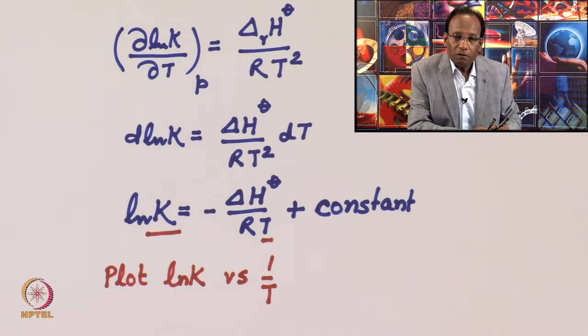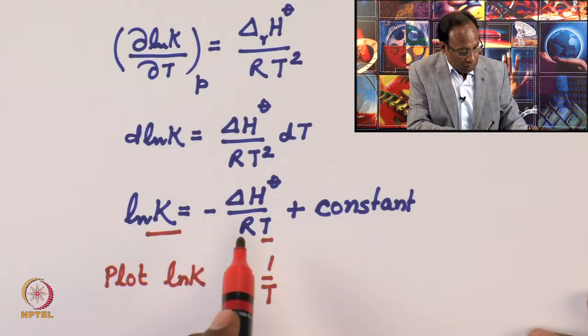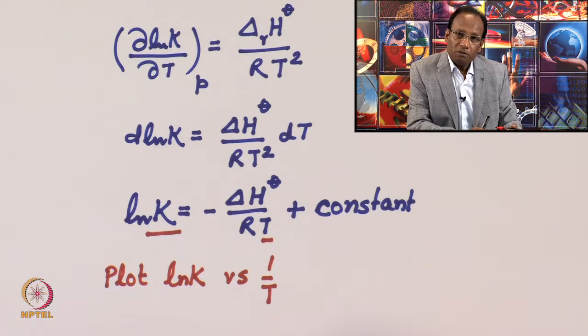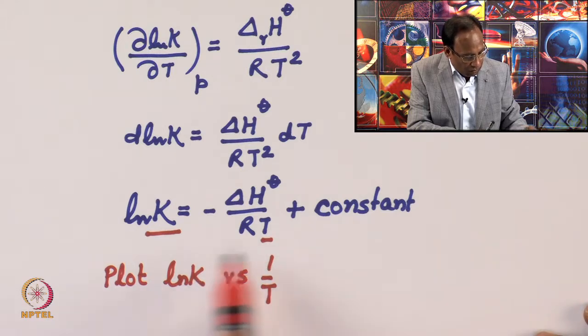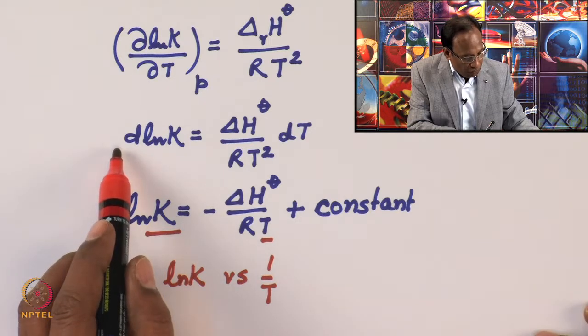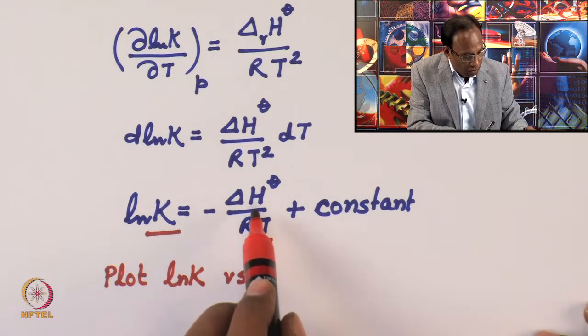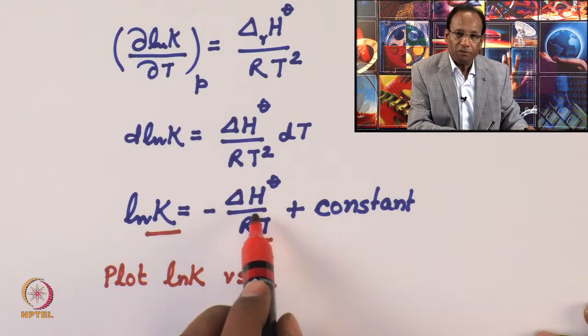One thing to be remembered while we are solving this type of question is that we have to know whether the reaction enthalpy depends upon temperature or not. Usually, when the temperature range is small, we safely assume that the reaction enthalpy is independent of temperature. Now, let us look at the equation that we derived over here. When I integrated this equation, I assumed here that delta H naught does not depend upon temperature.